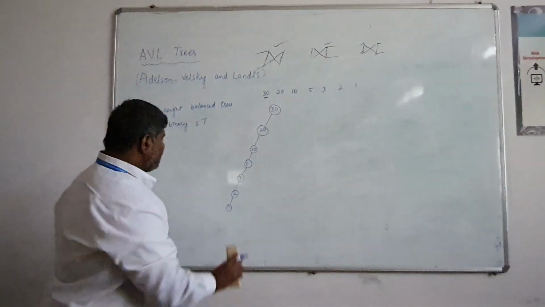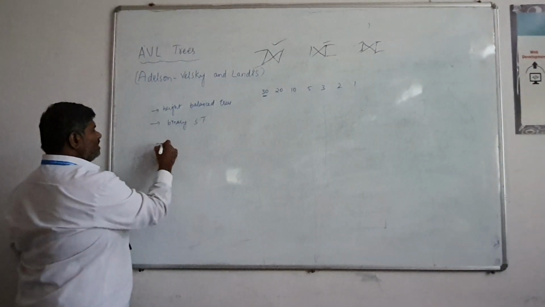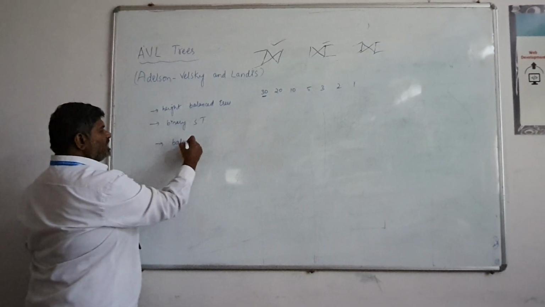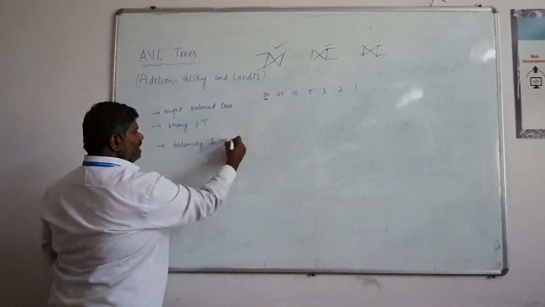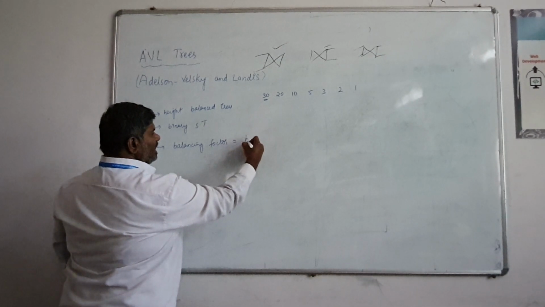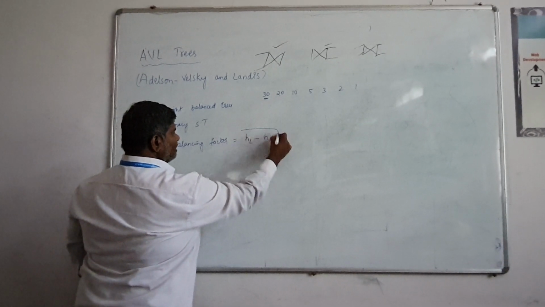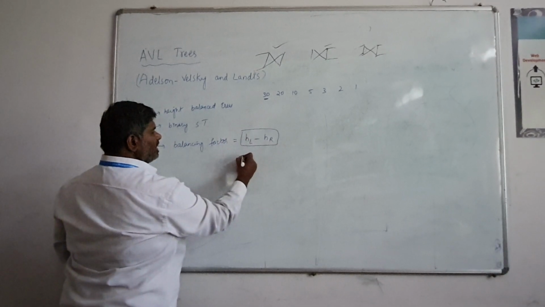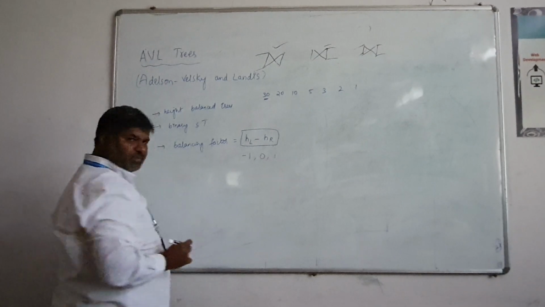Now in AVL trees there is a balancing factor, which is the height of the left subtree minus the height of the right subtree. This value should be either -1, 0 or 1.